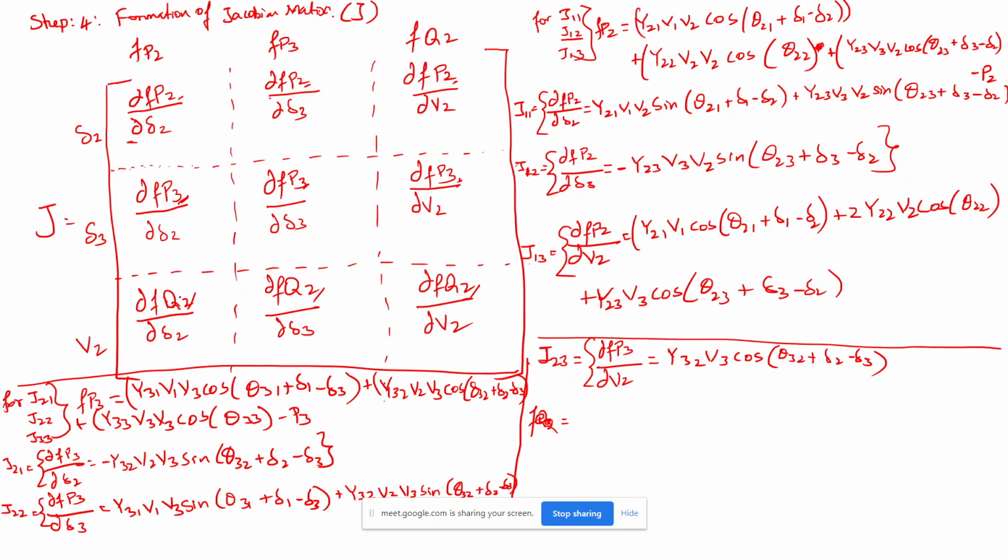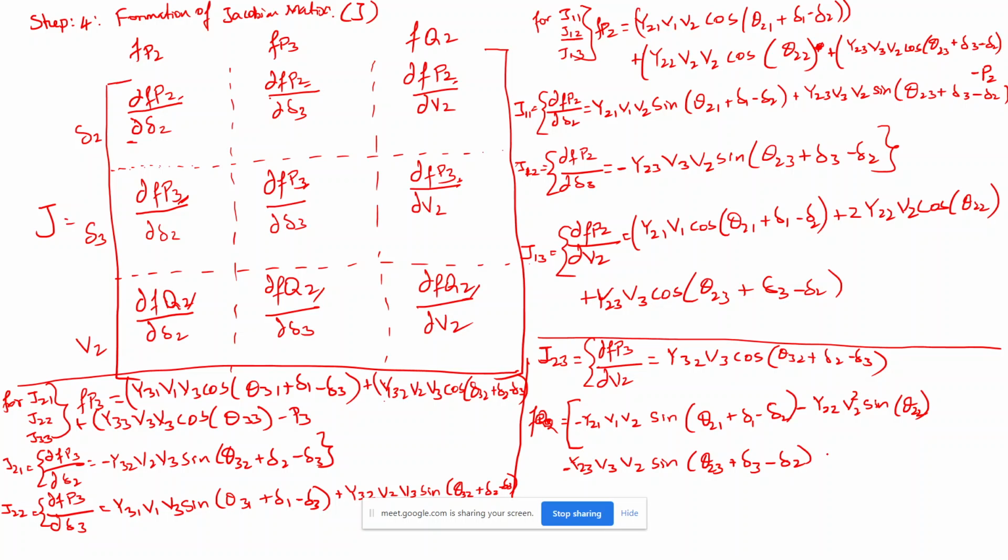Only the Q2 equation is needed. The equation is minus y21 v1 v2 sine of theta 21 plus del 1 minus del 2, minus y22 v2 square sine theta 22, and then finally minus y23 v3 v2 sine of theta 23 plus del 3 minus del 2. We know how we got this equation already in the previous video.